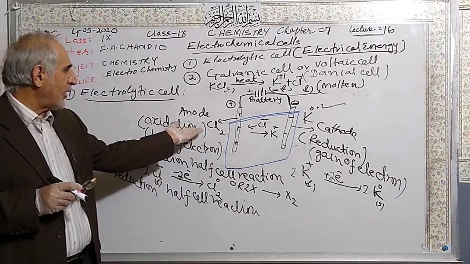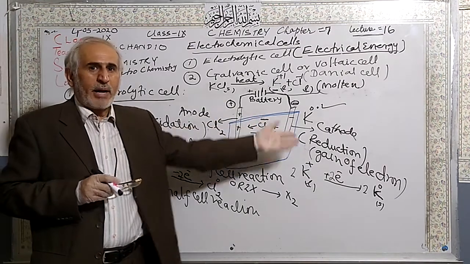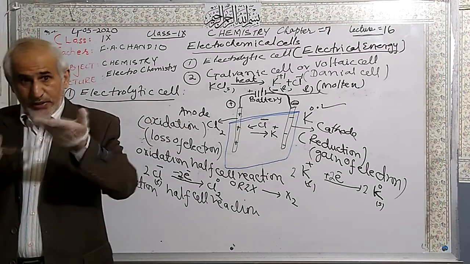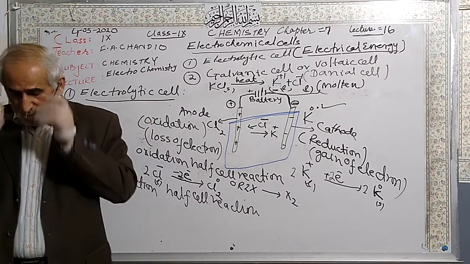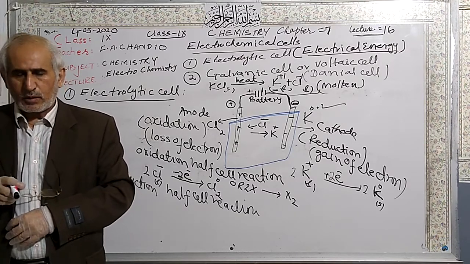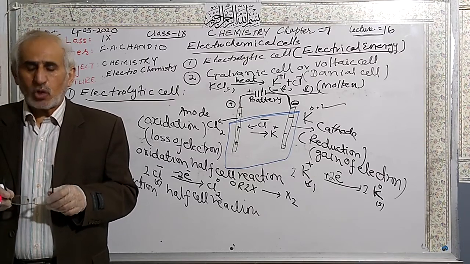This is a great use to prepare chlorine gas, to prepare metals, same written in the book. Down cell, many times I told you this name. Down cell is used for preparation of sodium metal, chlorine gas, potassium metal, chlorine gas.